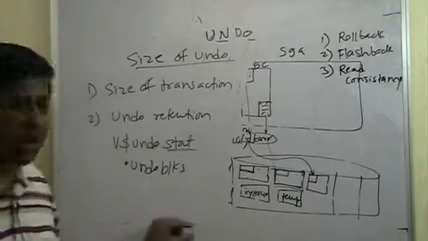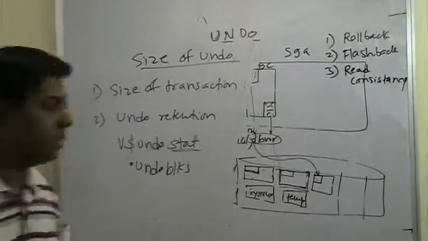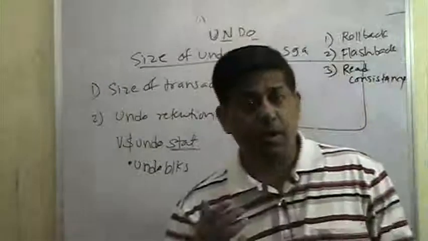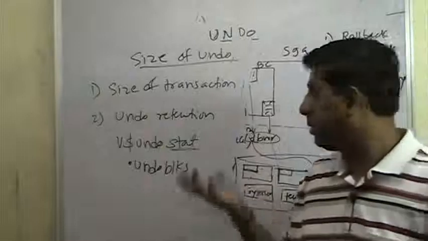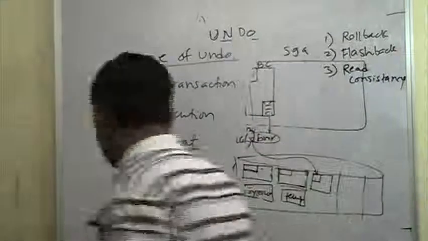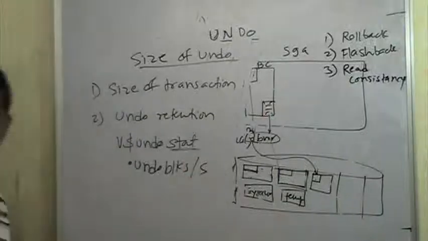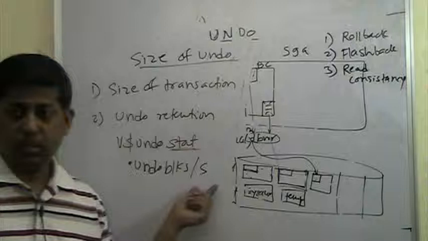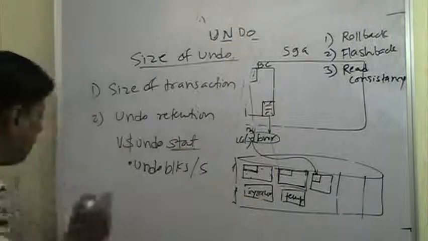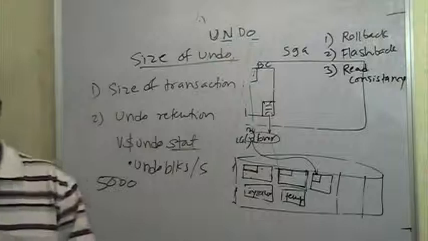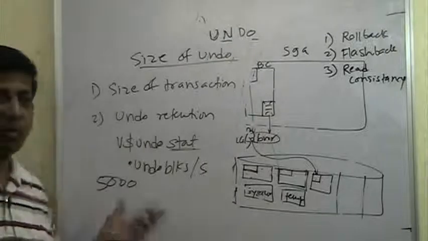Then for the next 10 minute segment it is 5000. Likewise, you go through that analysis and find the maximum requirement of undo blocks, which is undo blocks required per second. So from V$UNDOSTAT you find this column, and if it says 5000 undo blocks were required per second, this is the biggest number out of all those numbers.